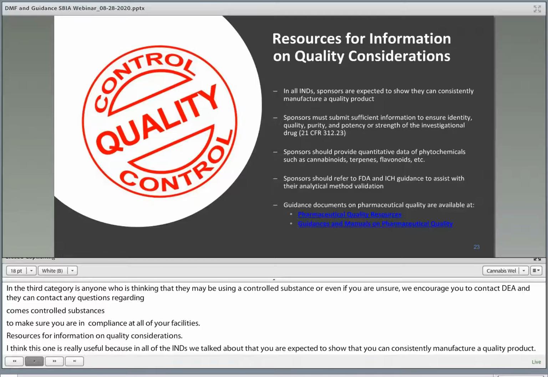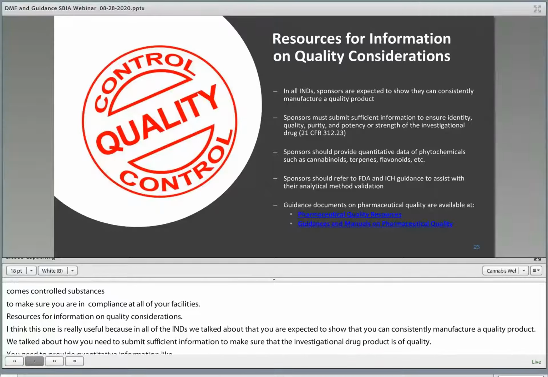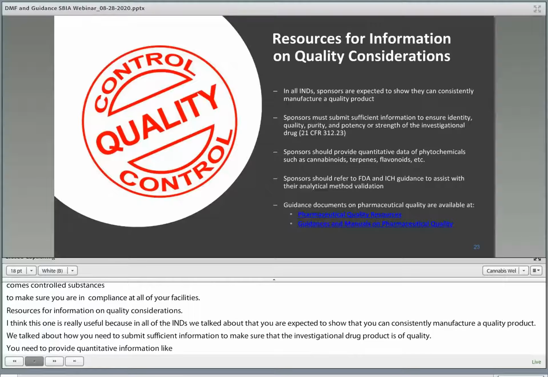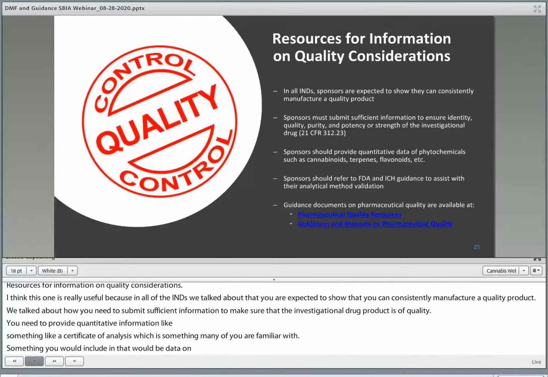And you need to provide quantitative information, something like a certificate of analysis, which I'm sure many of you are very familiar with. Something that you would include in that C of A would be data on phytochemicals such as cannabinoids, terpenes, flavonoids, any other compounds that you're actually seeing in your cannabis or your cannabis-derived compounds. So you could include those in that C of A that you would provide to the FDA.